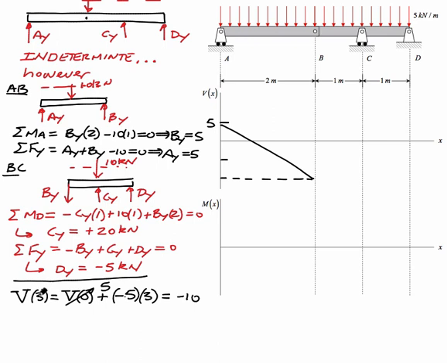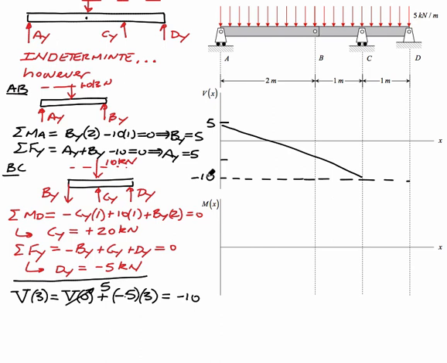Let me erase some of my work. What I mean by this is I should have drawn it all the way over here to 3, not to 2. So let me do my best to draw this straight line like that. So again, this is at minus 10.